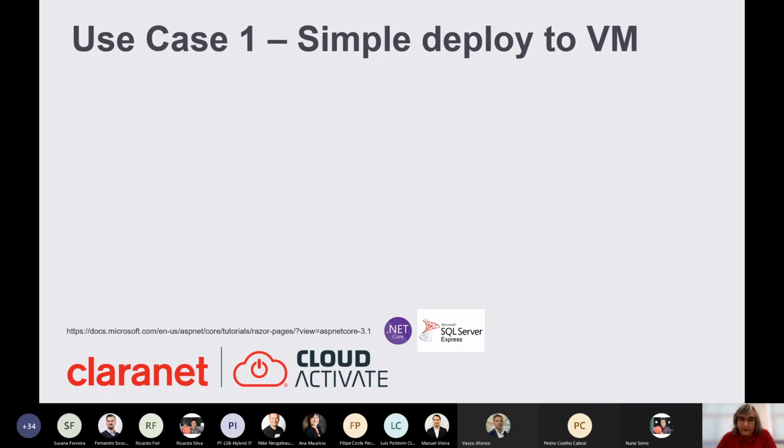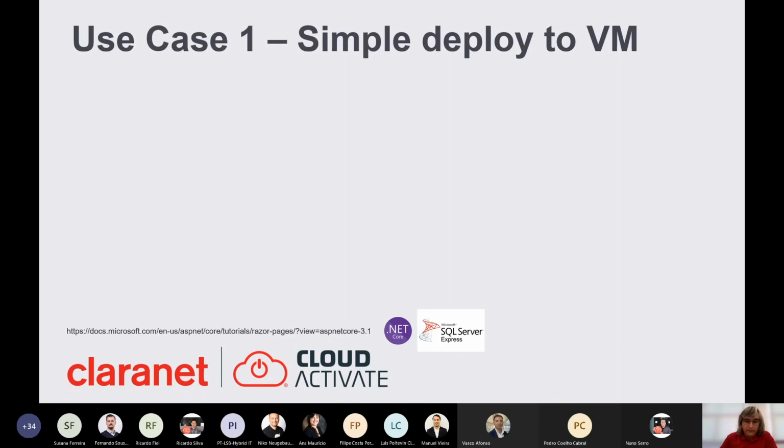The application was taken from the Microsoft documentation regarding ASP.NET Core with Razor Pages. I have a link in this slide. And the VM is also already configured to host ASP.NET Core applications in IIS with the site already deployed. The VM is also running SQL Server Express with the site database.